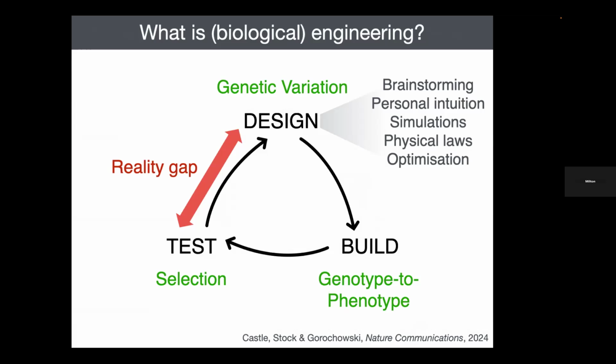But you do have random variation that occurs within an organism. That then leads to expression of that genetic information, so this genotype to phenotype map. And selection is effectively your test there. So you have some kind of removal of phenotypes or genotypes which are not functional, or enrichment of phenotypes that are functional or more functional in a specific way.